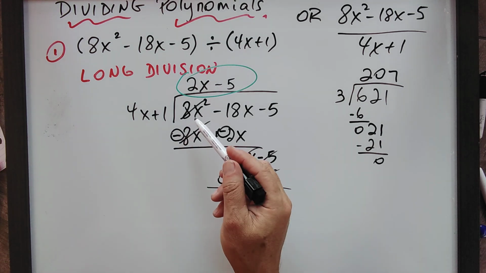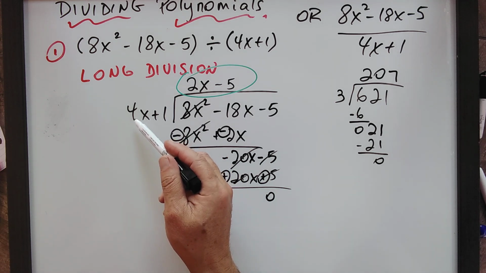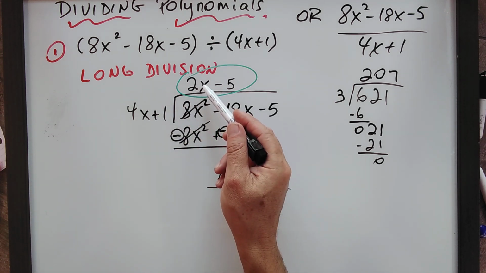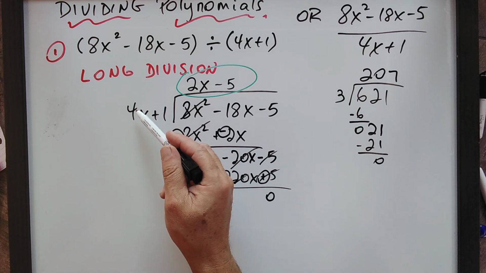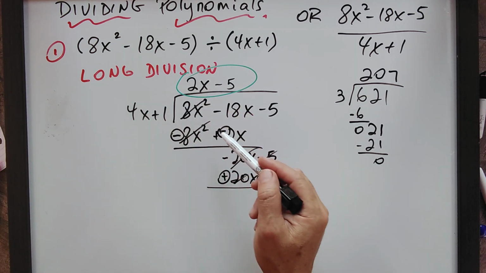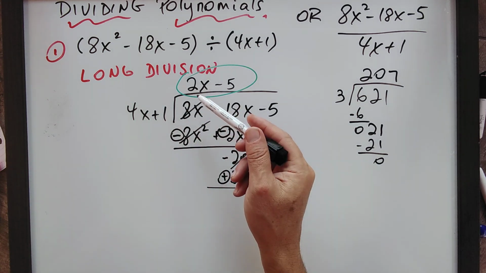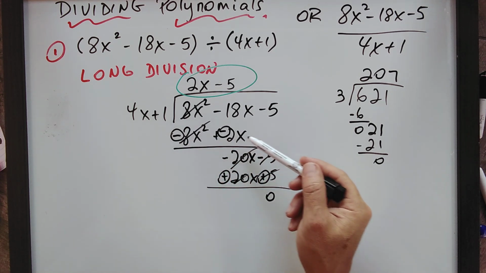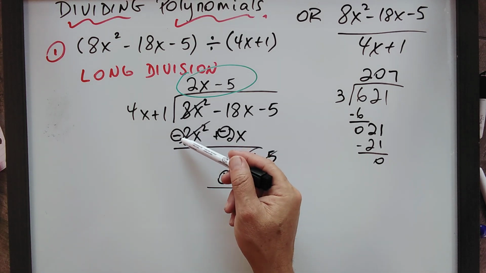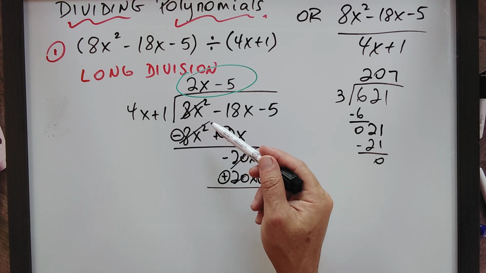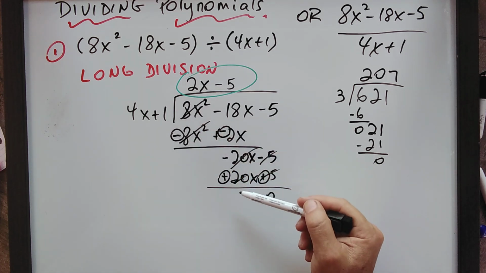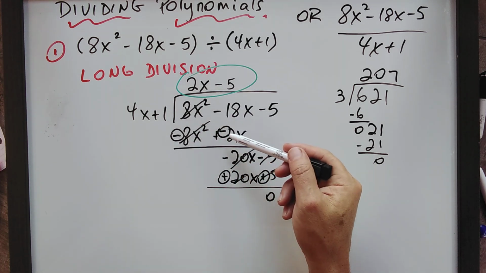Okay guys, divide the first term here by the first term out here. Once you get it, multiply. 2x times 4x, 8x squared. 2x times 1, 2x. Subtract, change signs on the bottom row to the opposite. This one becomes negative, negative, and cancels out every time. The first terms cancel out. Negative 18 minus 2 is negative 20.